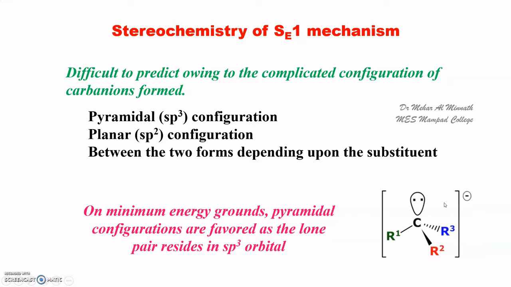But when the carbanion acquires the pyramidal configuration, if it retains this configuration, we get a retained product. The leaving group leaves from here, and the incoming group comes here.